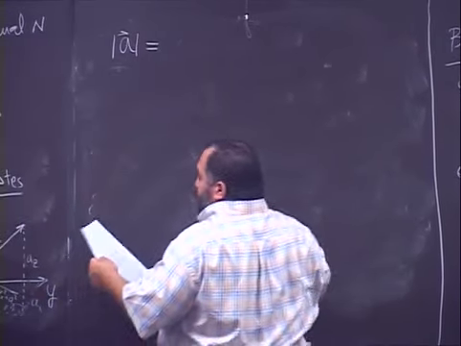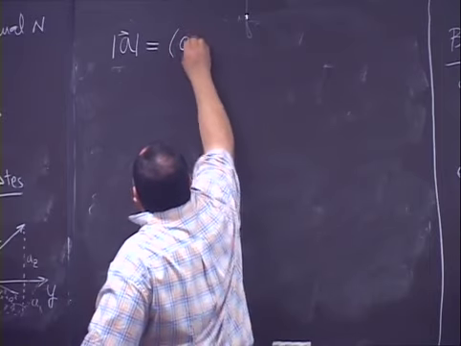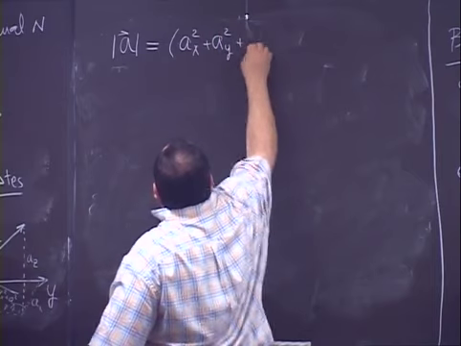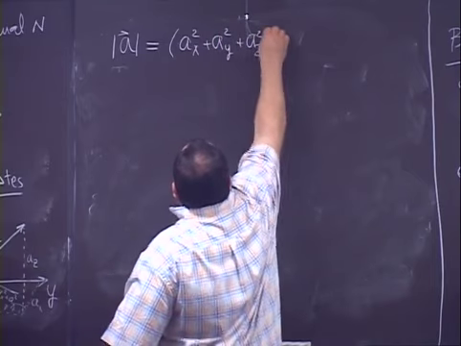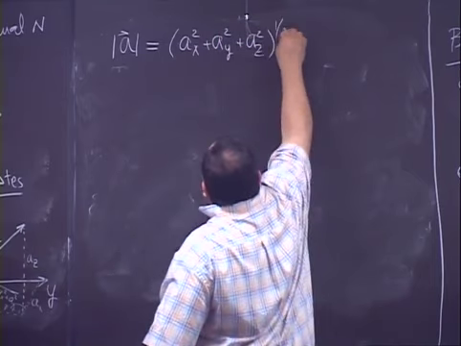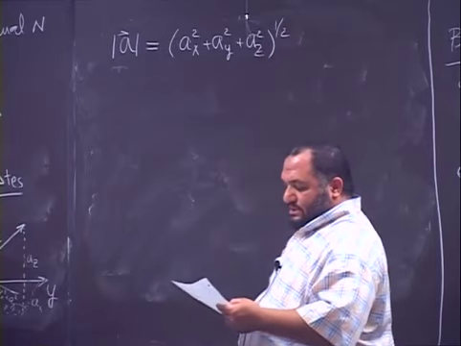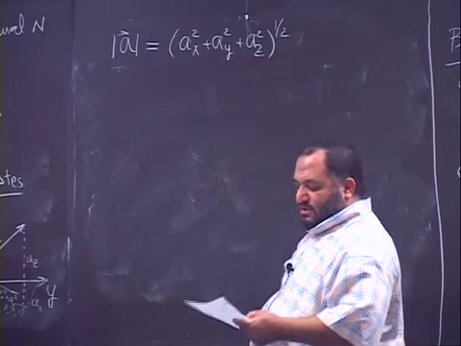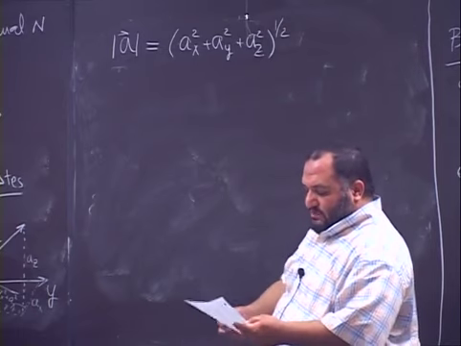It is nothing more than AX squared plus AY squared plus AZ squared, all under the square root. So this is the amplitude of any vector in three-dimensional space.